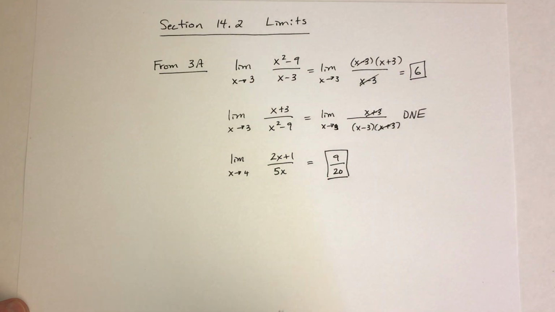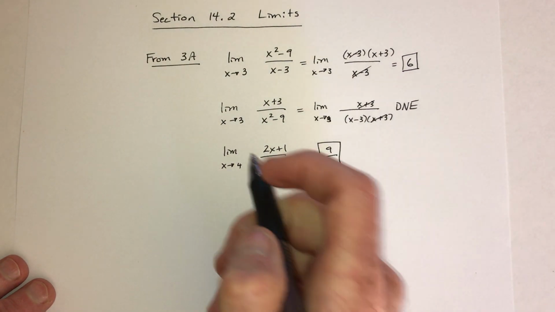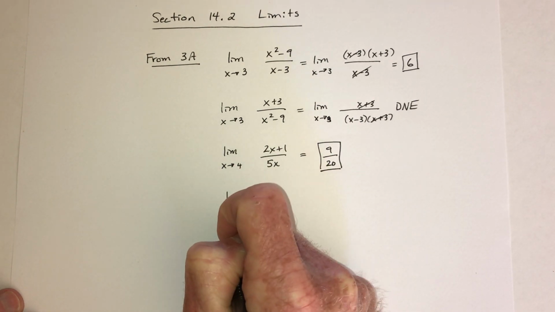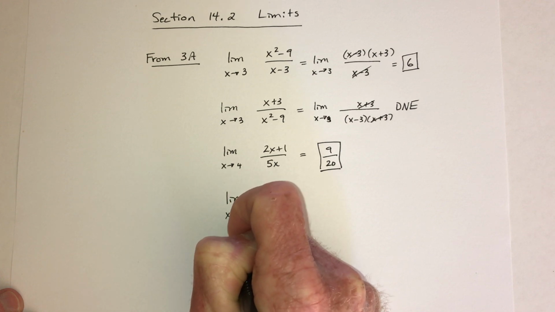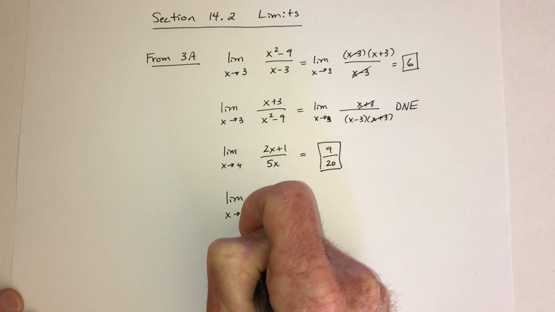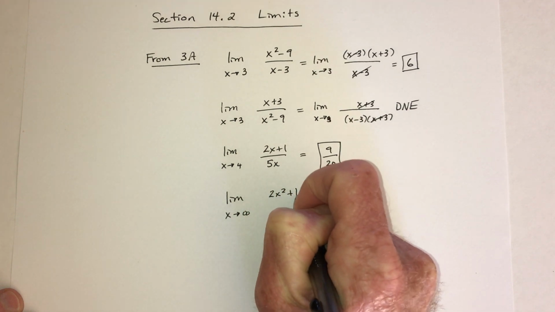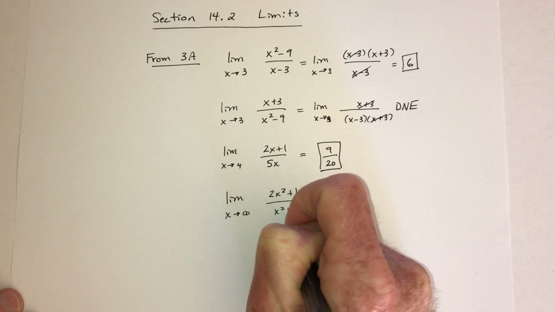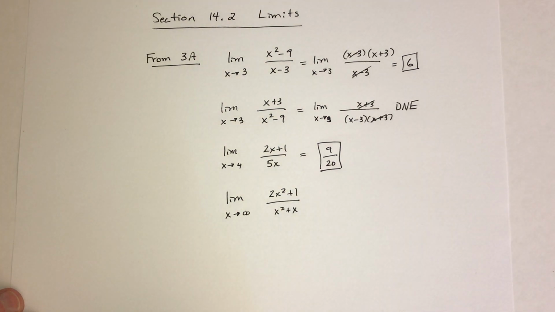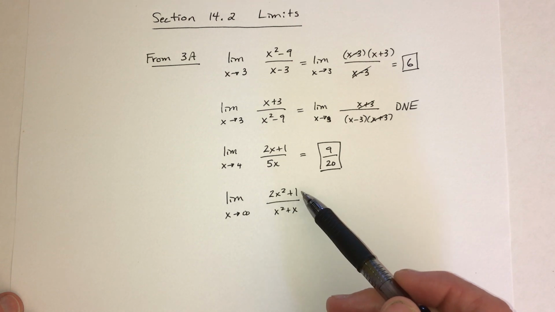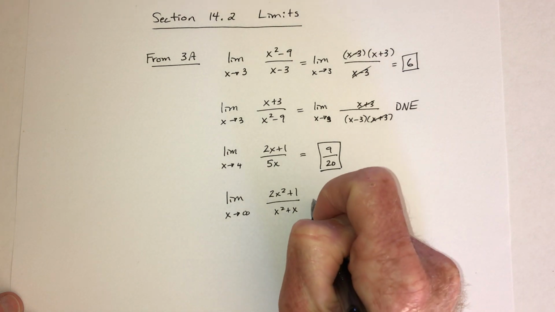There actually is another case, and that is if you have the limit as x goes to infinity, let's say, and then it's 2x squared plus 1 over x squared plus x. So then you can do L'Hopital's rule. The top is going to infinity, the bottom is going to infinity.